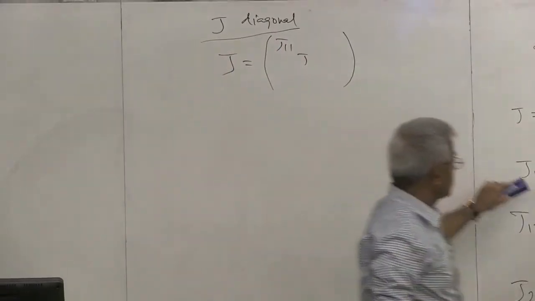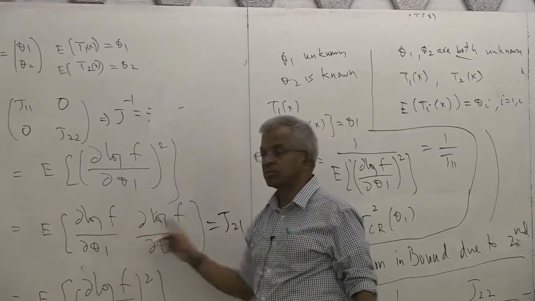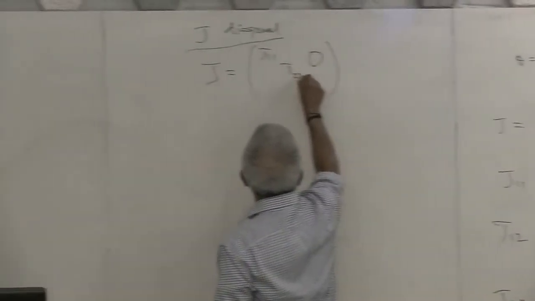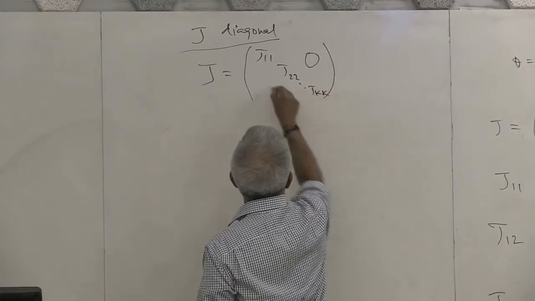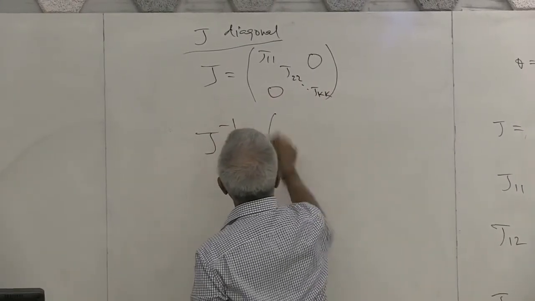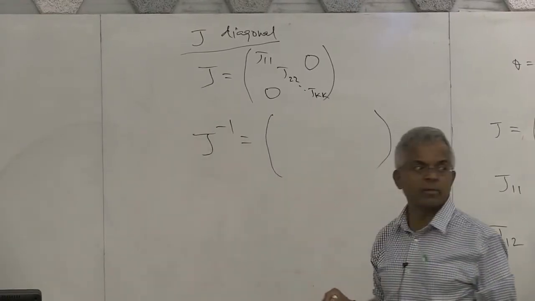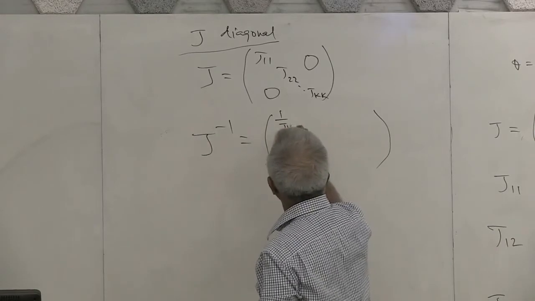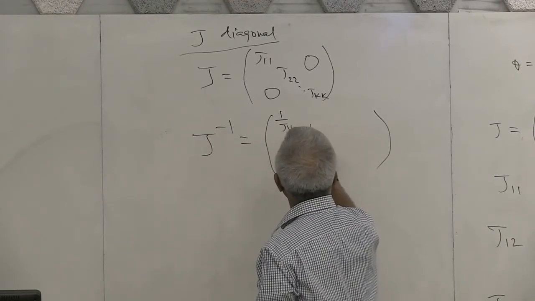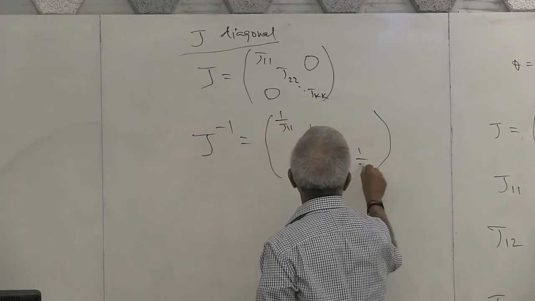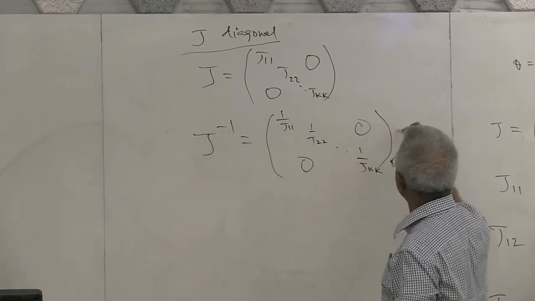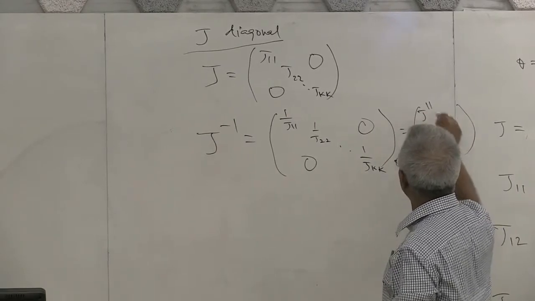J diagonal means, remember, somewhere we wrote that these cross derivative terms are 0. That's what it means. You only have diagonal terms. So what is the inverse of a diagonal matrix? Yes, you invert each entry, so this is 1 over J11, 1 over J22, etc., and the rest is 0.